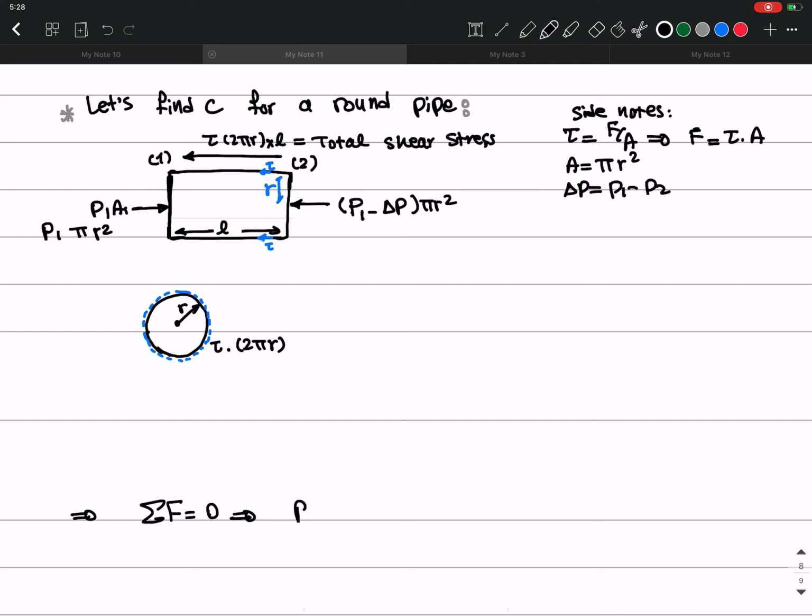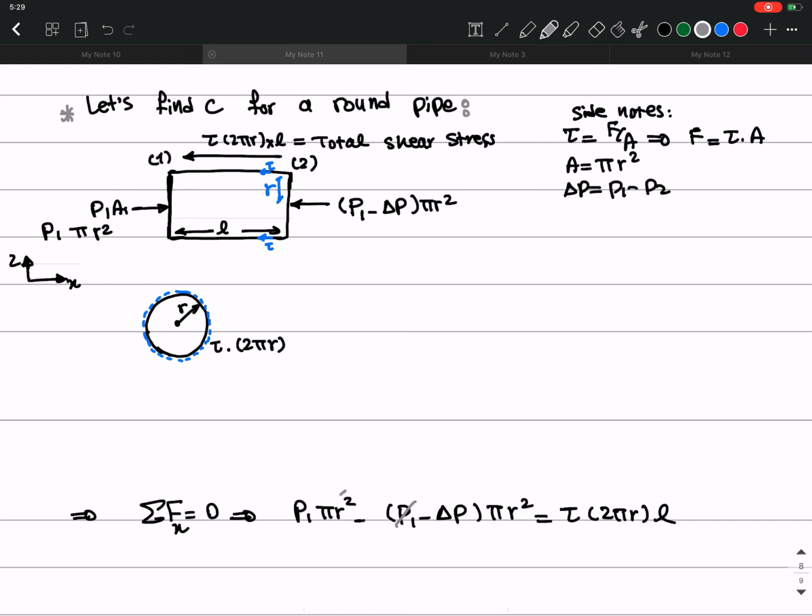So P1 times pi r squared, if this is our x and z, P1 times pi r squared minus (P1 minus delta P) pi r squared equals tau 2 pi r L. Okay, so this is going to be the sum of the forces. Okay, and these two terms are going to cancel out.